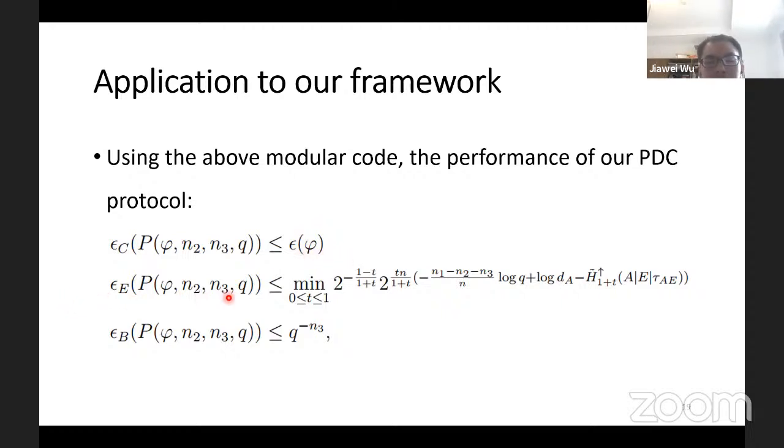The second term is the secrecy. This is connected to the pre-shared state. And the third term is the reliability. It is connected to our universal hash function used in the error verification process.